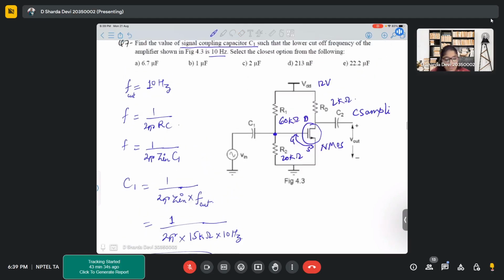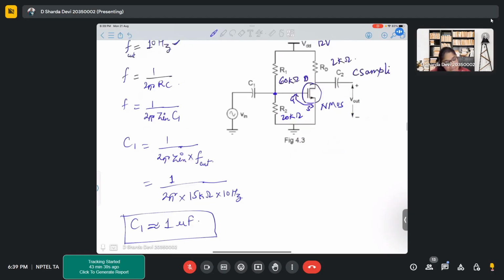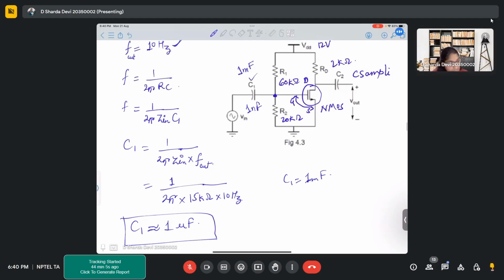Let's say your input frequency remains 10 hertz only. Now, for example, if I have used my C1 as 1 millifarad capacitor, or as 1 nanofarad, what will happen in the case of C1 being 1 millifarad? And what will happen if my C1 is 1 nanofarad?